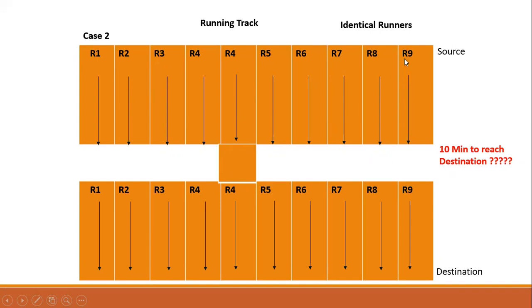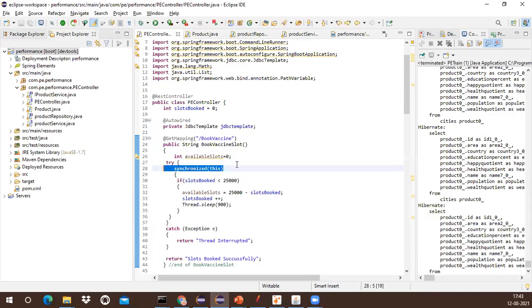As we increase the number of runners, the number of runners waiting at this point also increases, which in turn increases the overall running time. I hope I explained what exactly is happening in a synchronization block here.